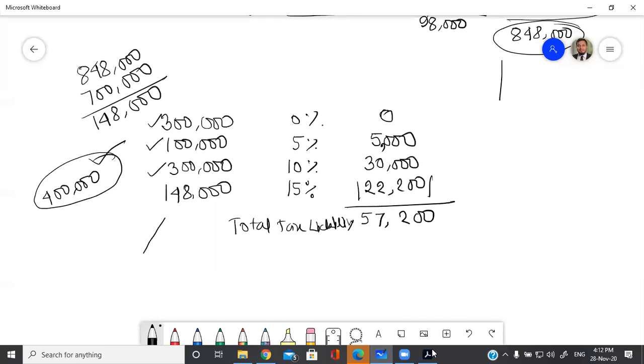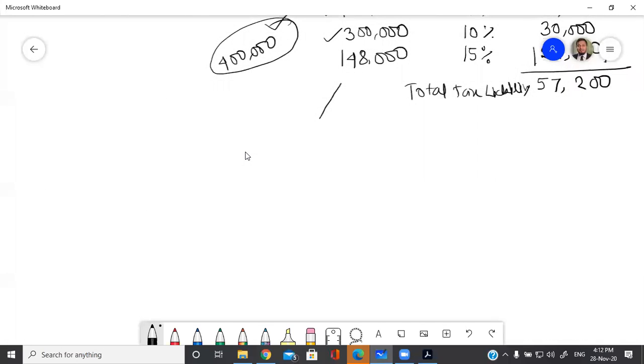Now we need to check how we can get the rebate calculation. 150,000 is the actual. What is the second one? 25% of total income. Is it total income?